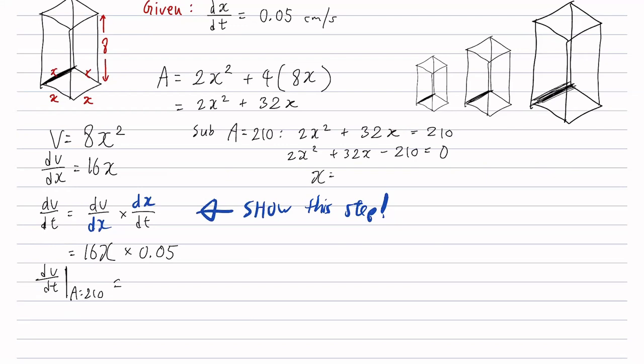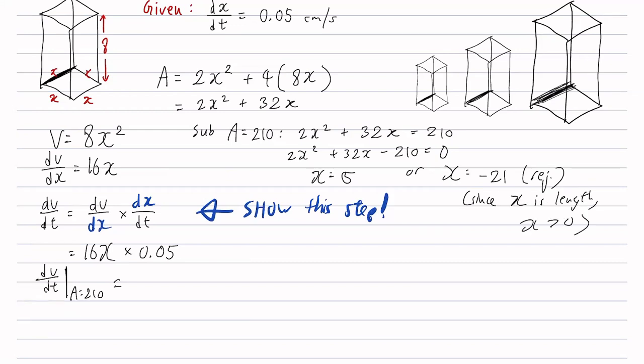X equals, quadratic. You get x equal 5 or x equal negative 21. Reject x equal negative 21 because length cannot be negative. Yep, correct. Then 5.